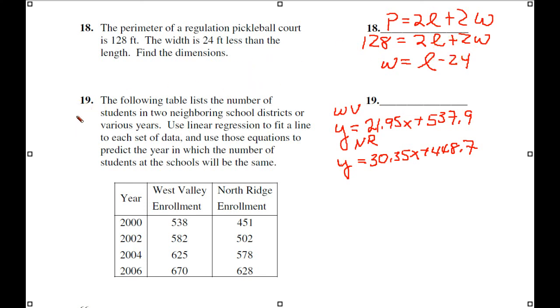Now, number 19 would take 20 minutes to do all by itself. So let's just talk about what strategy if you had to do this. And I wouldn't give you one that's just difficult on a test or even for your homework. So here's sets of data.